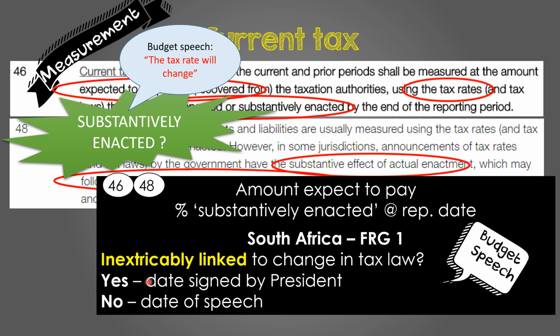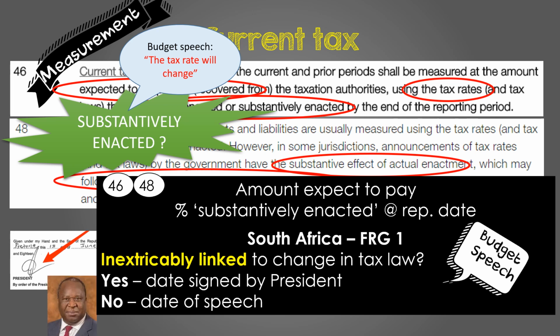We will actually have to use the date that it is actually enacted, which is the date that it's signed by the President. However, if the answer is no, there is no link between the announcement of the change and the change in tax law, then it means that the date of the speech will be our substantive enactment date.